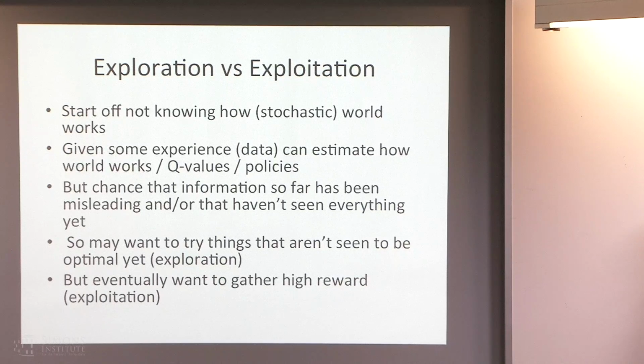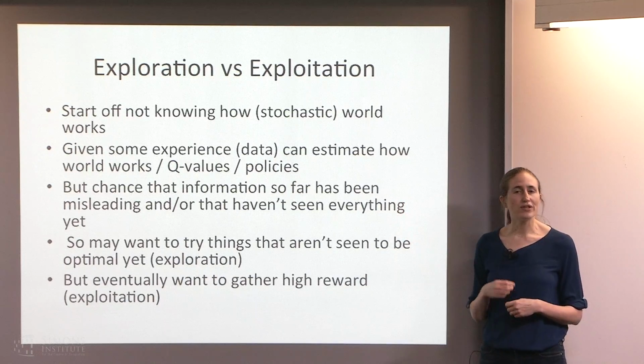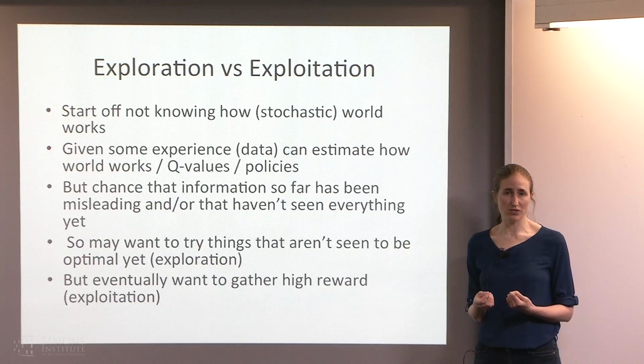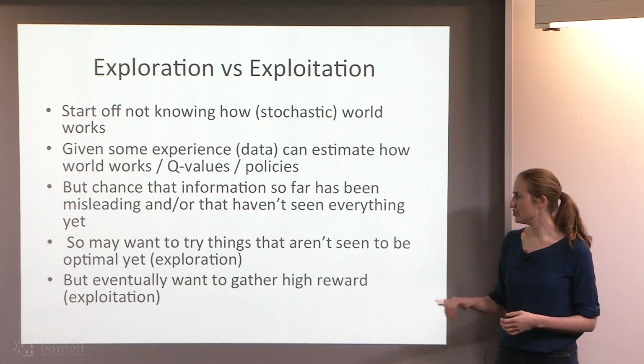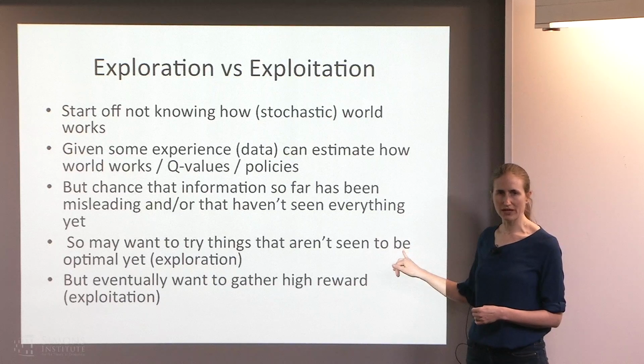It's probably not always backed up, but if you use that to build a model, then you might assume that whenever you go there, it always takes 3 hours to get through TSA, because you've only had a limited number of experiences. So if we have these stochastic models and you only have a finite number of samples, those samples could be misleading if you use them to compute the estimate of how the world works. And so we might want to try things that we don't think are optimal yet.